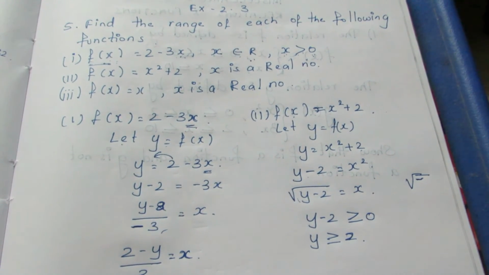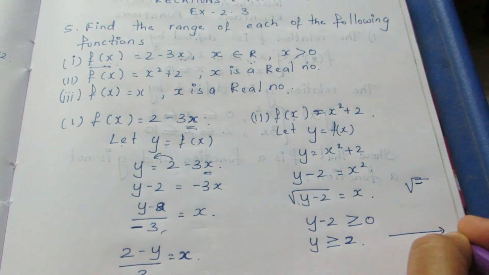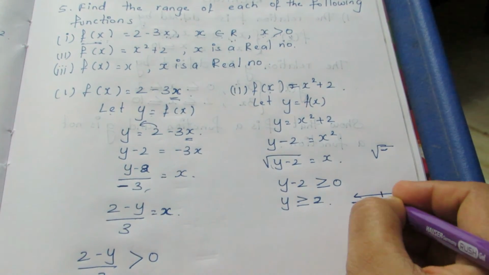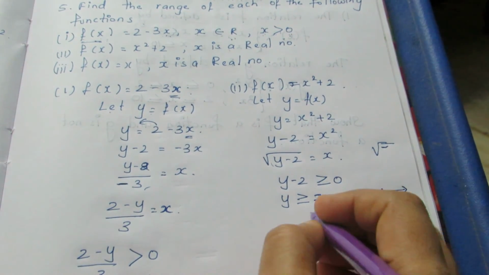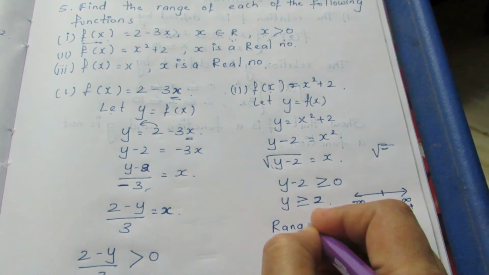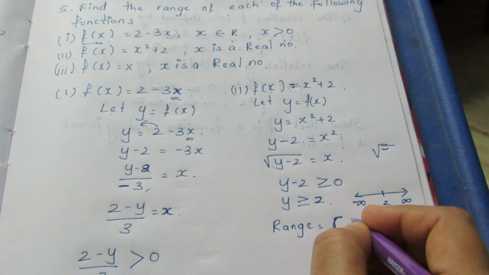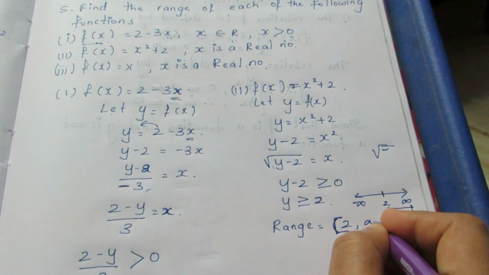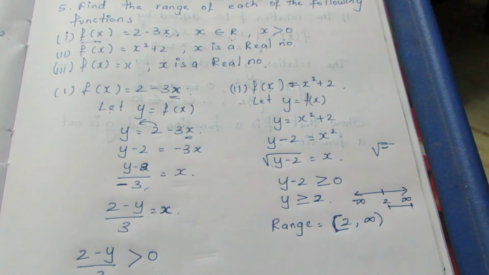Here y is greater than or equal to 2. That means when I draw a number line from minus infinity to infinity, values greater than or equal to 2 lie on this side. So your range will be, since it is equal to, we need to put a box bracket, that is a closed bracket, 2 to infinity. Always for infinity it's an open bracket. So 2 to infinity is your answer for the second sum.